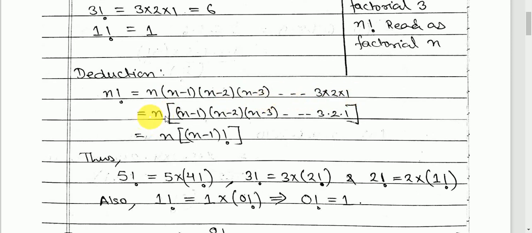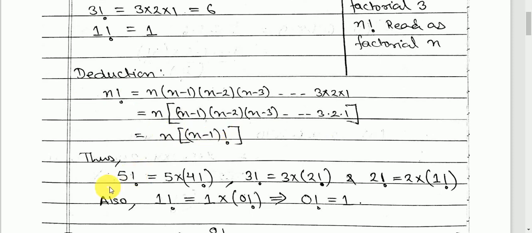Whatever we have after n, we can put in brackets. This is nothing but n minus 1 factorial. So n factorial can be written as n into n minus 1 factorial.